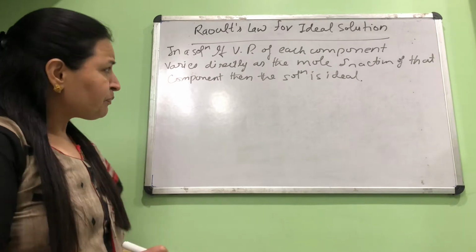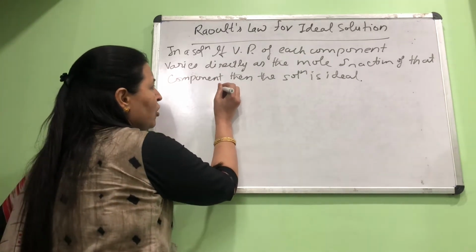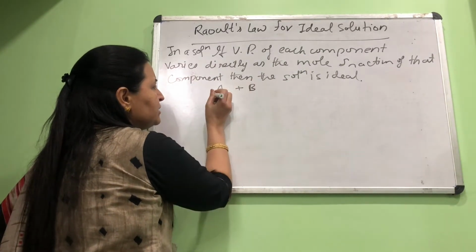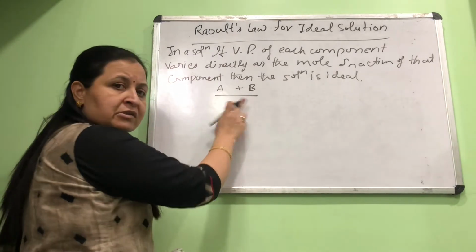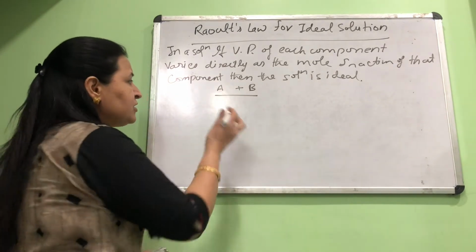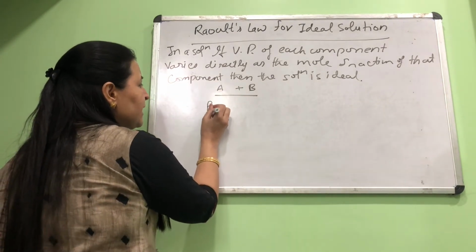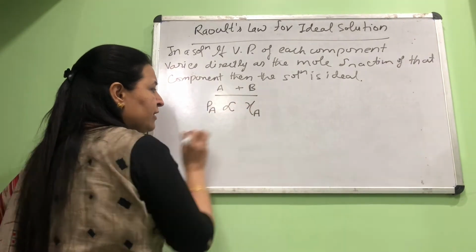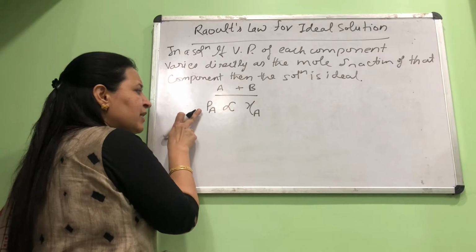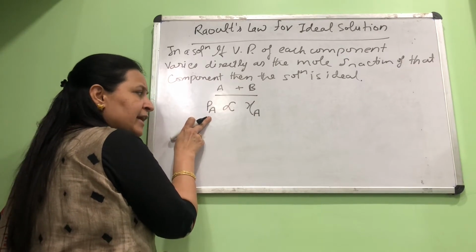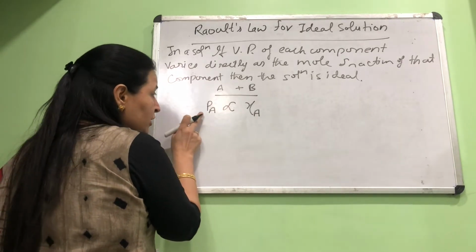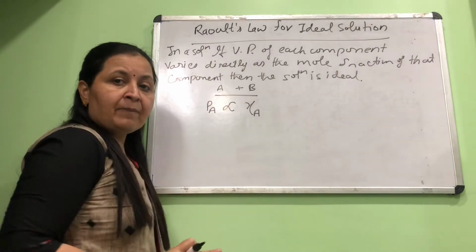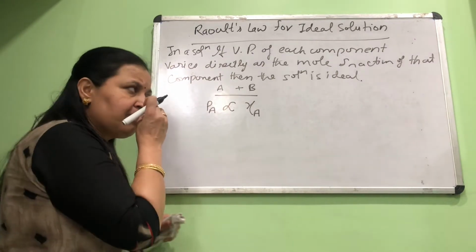That means if there is a solution of two components A and B, where both are volatile liquids, then the law says that PA varies directly as the mole fraction of A. What is PA? It is the vapor pressure of component A, or it is called the partial pressure of component A. Why are we using the term partial pressure?